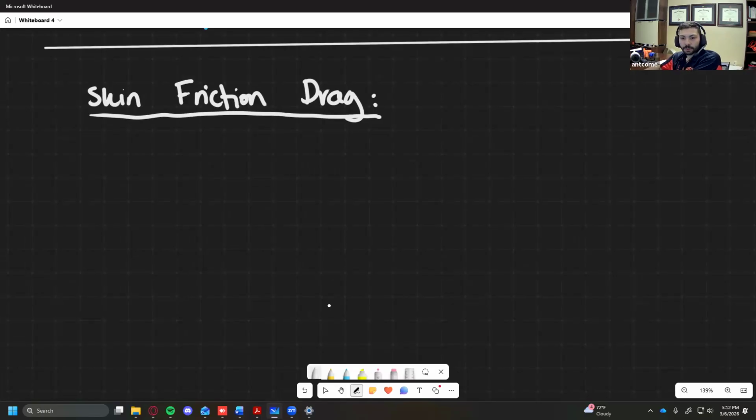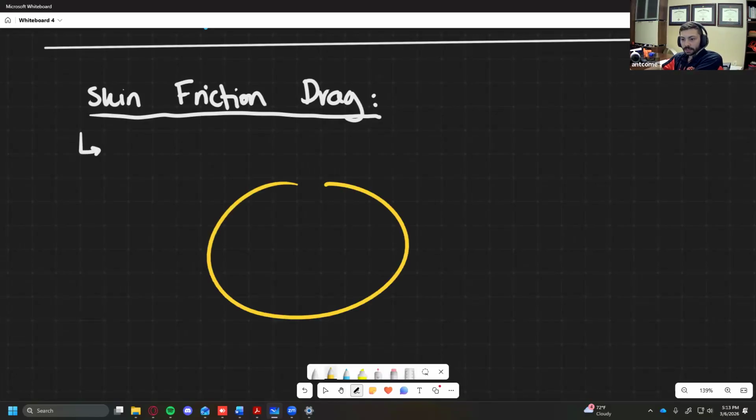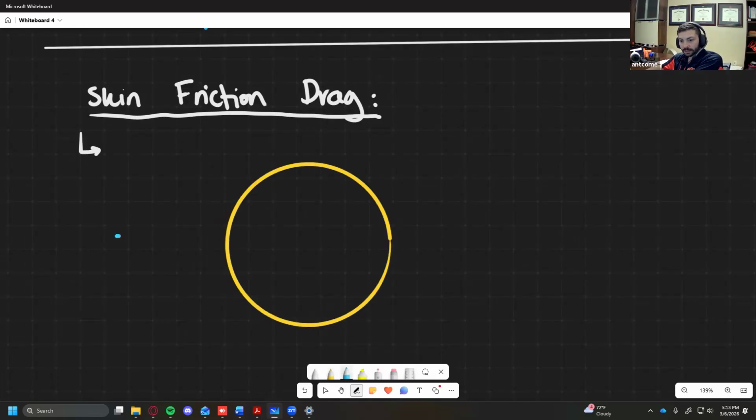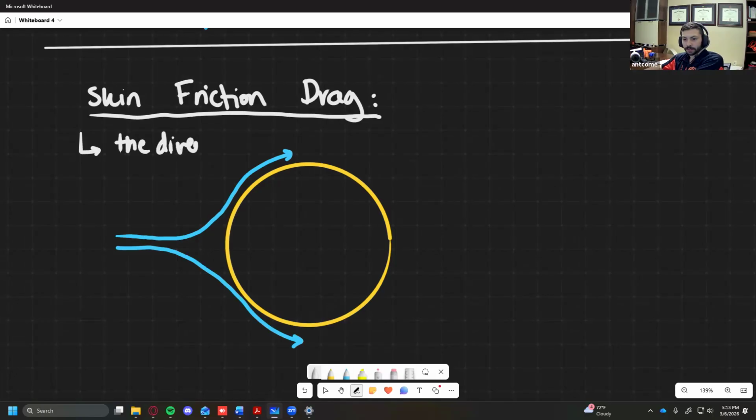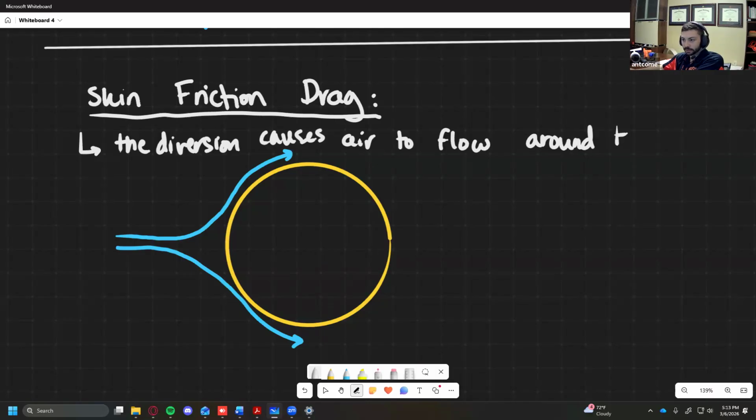So the other form of drag that we're going to have to fight is the skin friction drag. Let me draw the ball one more time. As this air is being diverted around the ball, the diversion itself causes air to flow around the object.